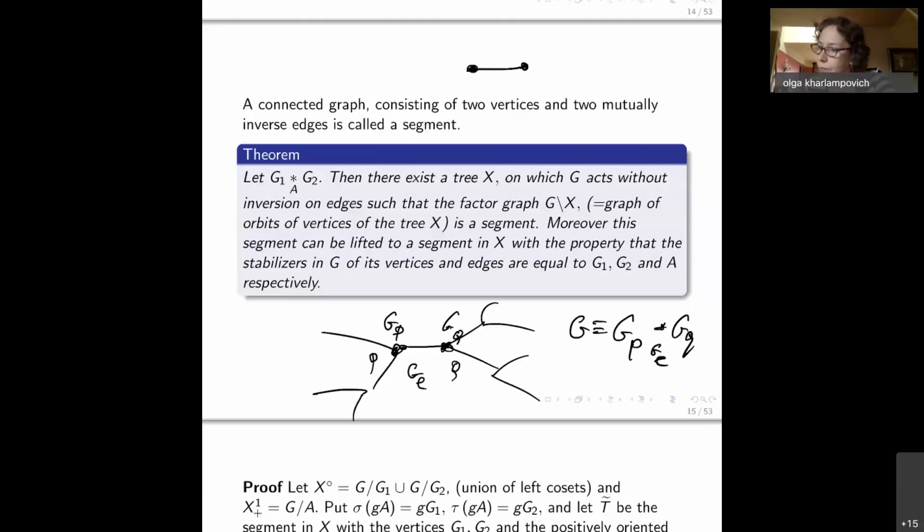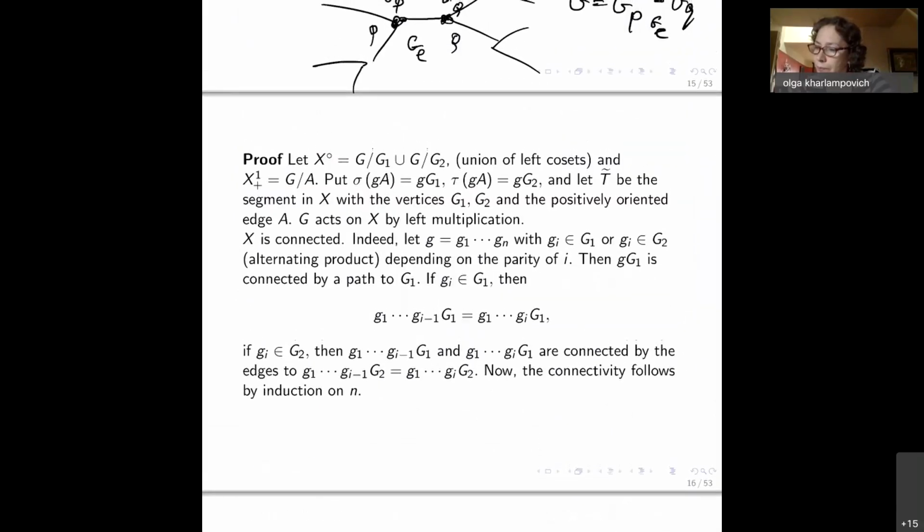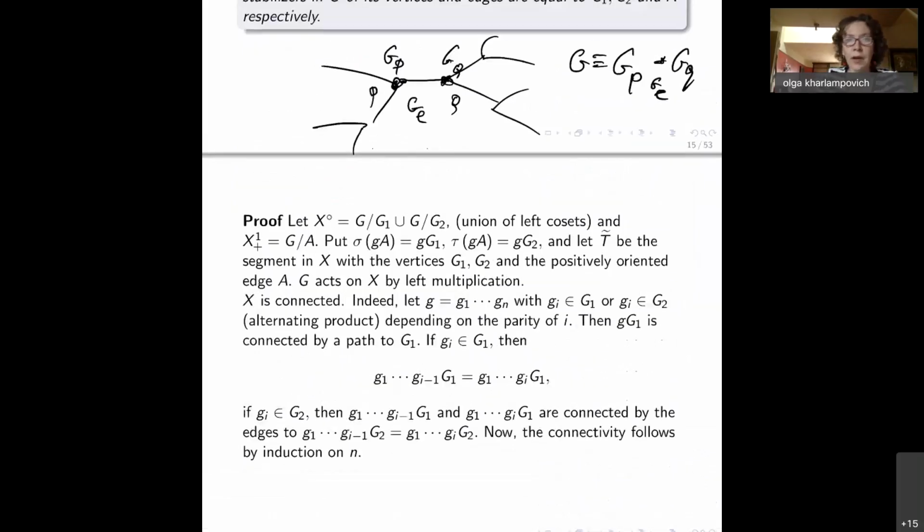Now the proof, I don't have too much time. Let me just say, how do we construct this tree? The vertices of the tree are going to be the union of left cosets of G1 and G2. So the vertices consist of two classes: the left cosets of G1 and the left cosets of G2.